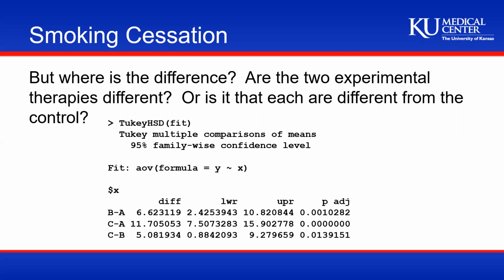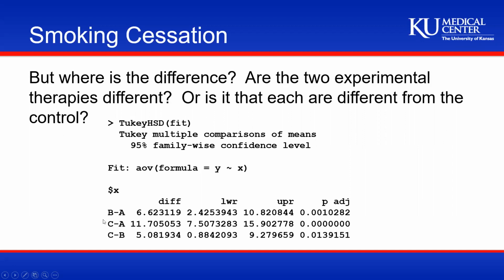But just for instance, Tukey's. We found a statistically significant difference somewhere. Where is the difference? I'm using Tukey's post hoc comparison, which is nice because it does all pairwise comparisons. So it's comparing literature to behavior, literature to pharmaceutical therapy, and then behavior to pharmaceutical therapy.